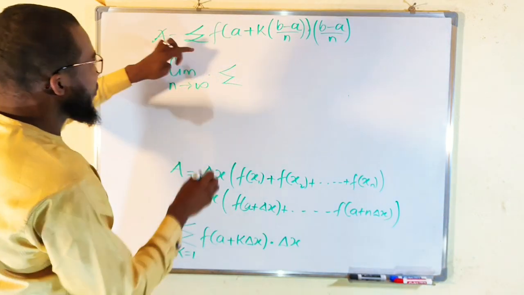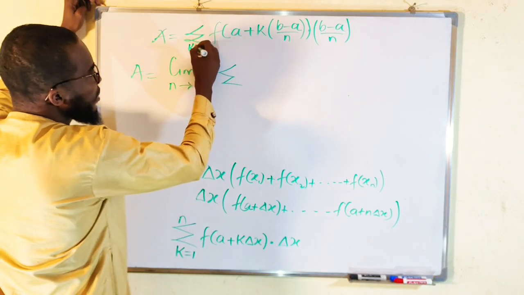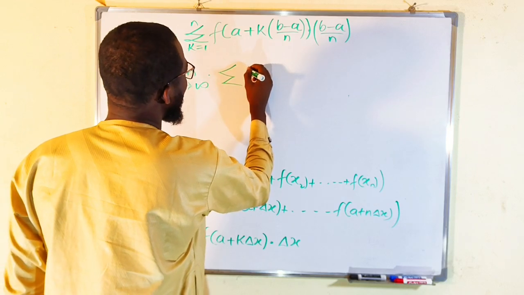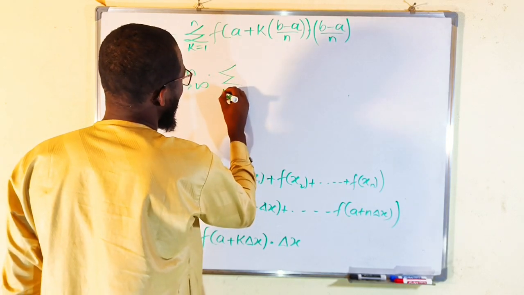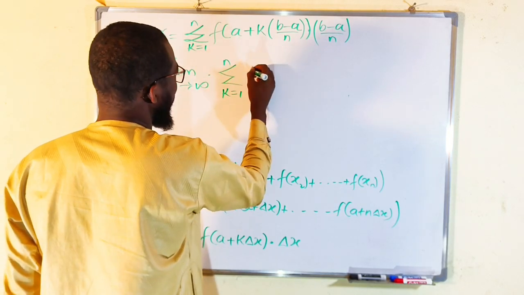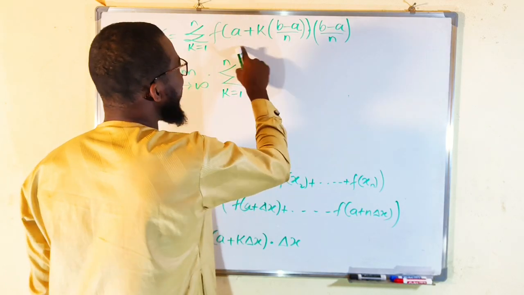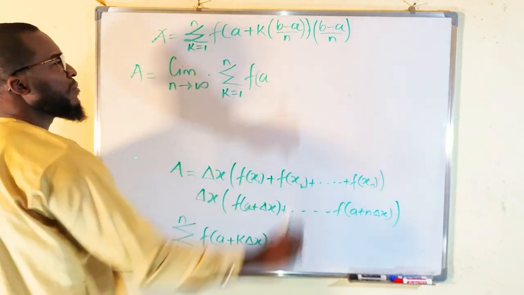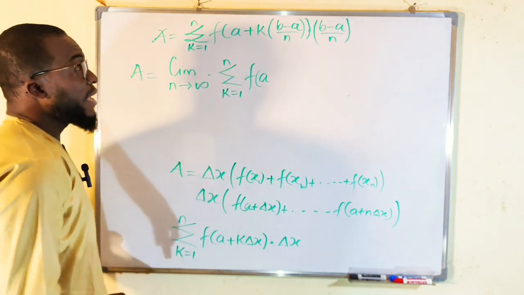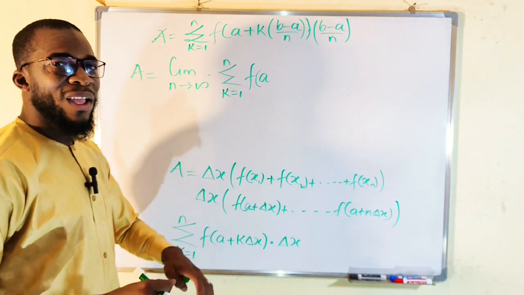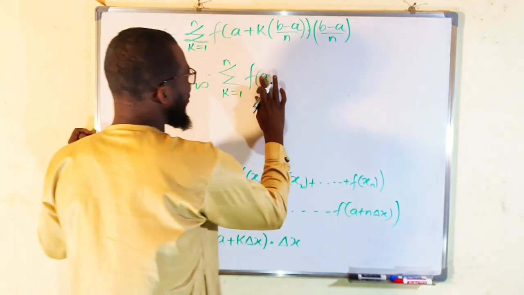Okay, I forgot to write the limit here. The summation from k equal to 1 down to n of f of a plus the whole of this. And if I like, I can replace the whole of this with f of xk. I can do that. Let me do that.